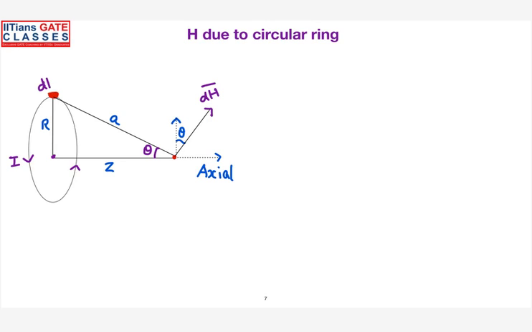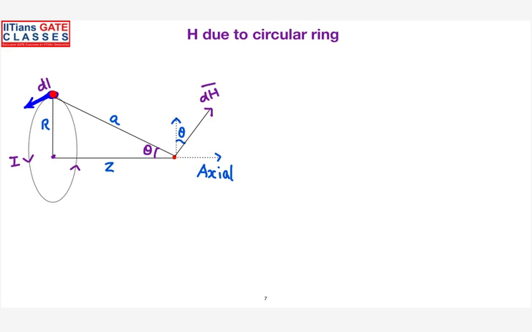Now, to solve for the magnetic field intensity due to a circular ring, I can apply the classic Biot-Savart's law equation. So I have taken a small current element here. Let me say the current is pointing in this direction, but actually the current is circulating here. If you consider the magnetic field due to this small current element, you draw a small tangent here.